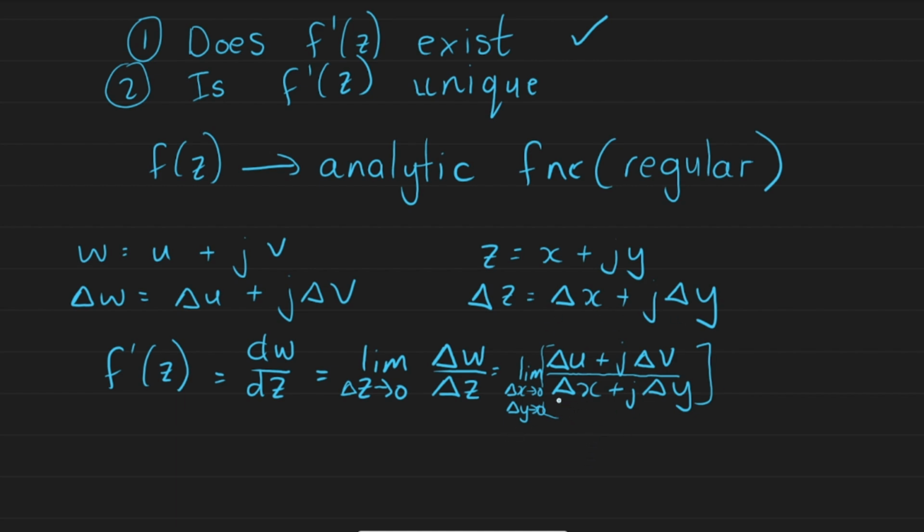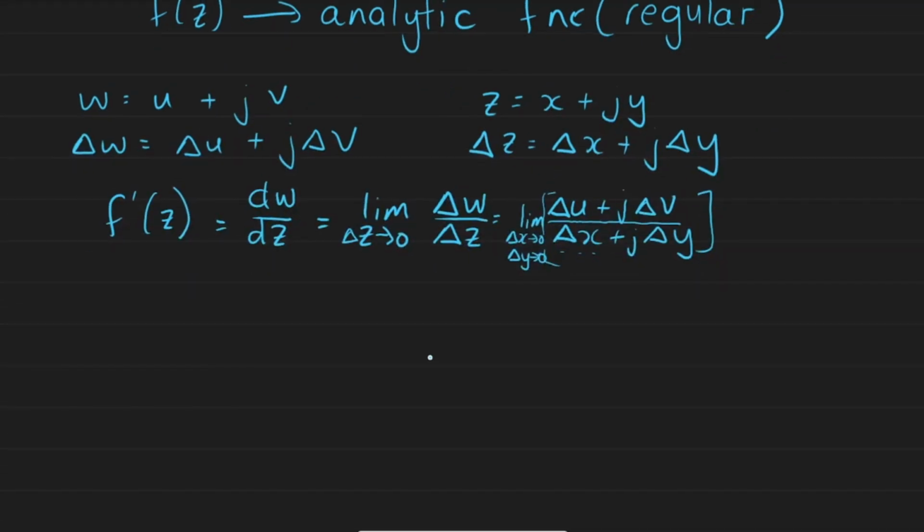So if we let delta x approach 0, so let's write that down as the first step. So we let delta x approach 0. So when we do that, what we're left with is the limit as delta y approaches 0, okay, because we've already taken the limit, of delta u plus j delta v divided by j delta y.